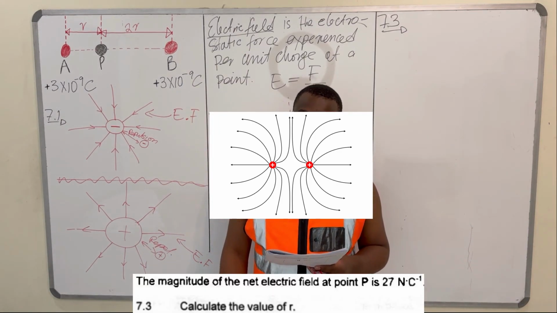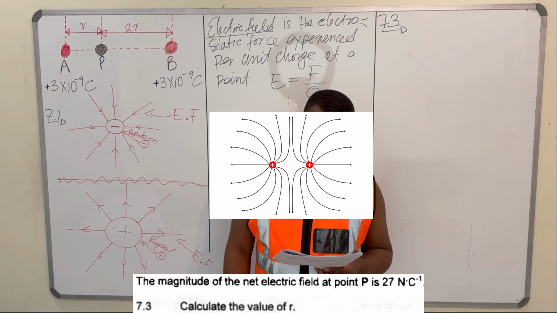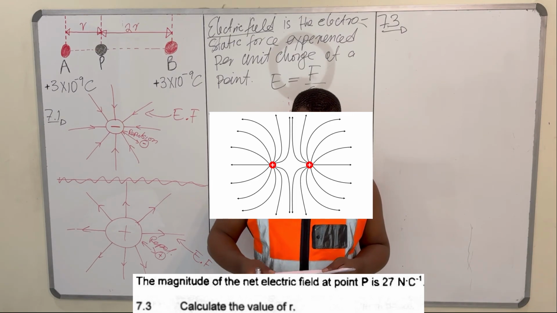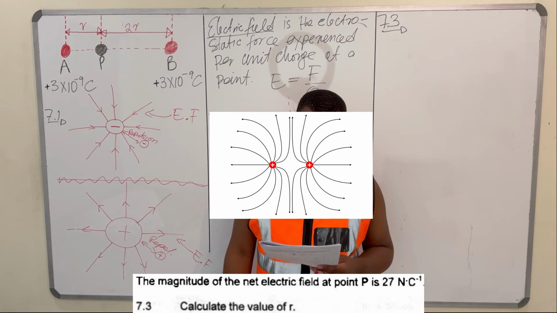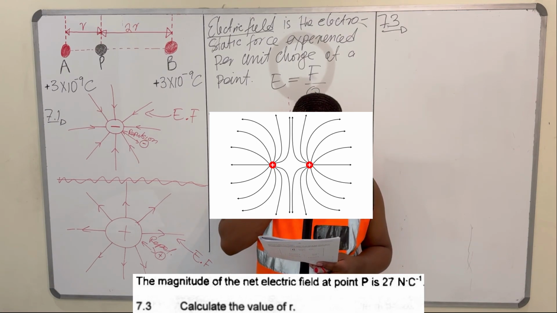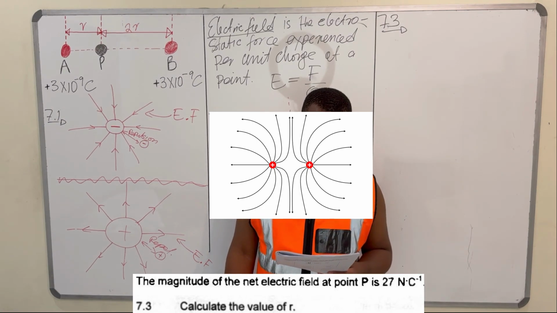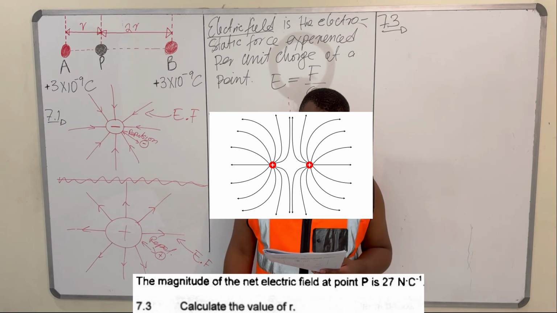Okay, so now we're going to the next question, 7.3. They're saying the magnitude of the net electric field at P is 27 newtons per coulomb. Let's read this again. The magnitude of the net electric field at P is 27 newtons per coulomb.